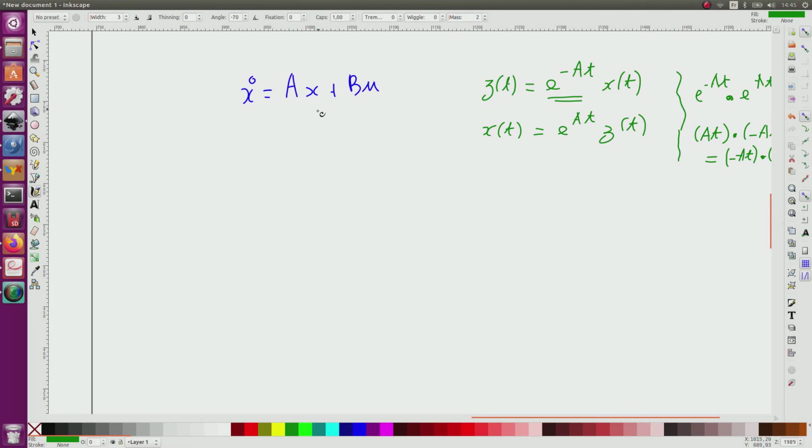I consider this one, and I will replace by taking this into account. So x dot.